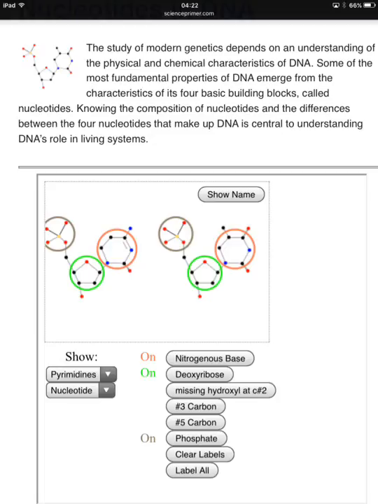The black are carbon. If we look at the ring structure of the deoxyribose in the green circle, we can see carbon 1, which is bound to the nitrogenous base, and then going around 2, 3, 4, 5. The blue circles must be nitrogen.